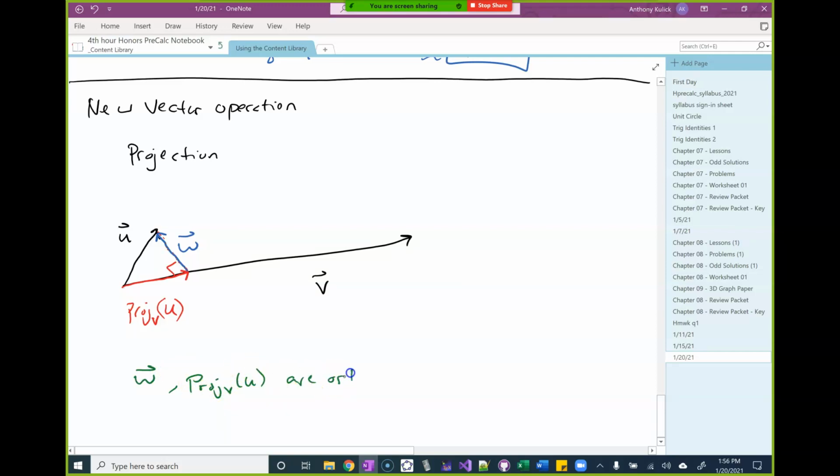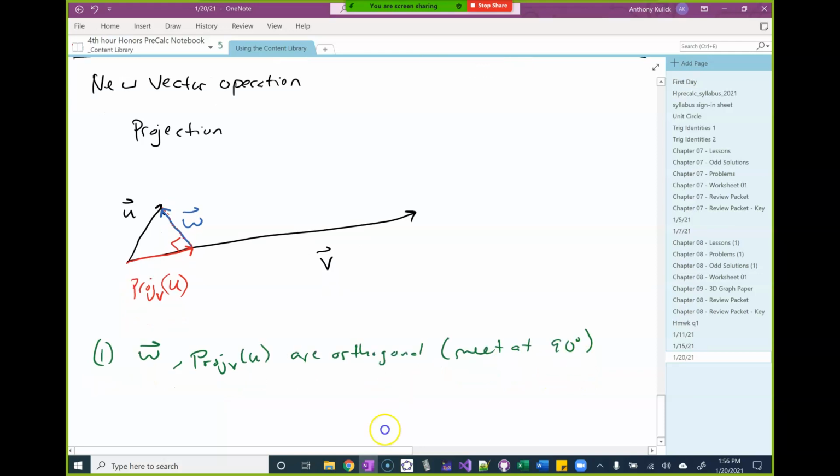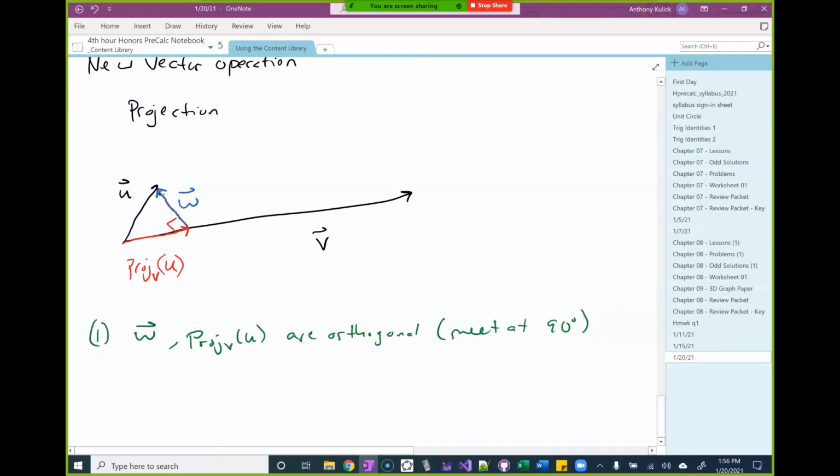And we know that then w plus the projection of u onto v is equal to u. If you look at the way we've drawn that picture, that's just our definition of vector addition, right? Because we've drawn them head to tail.